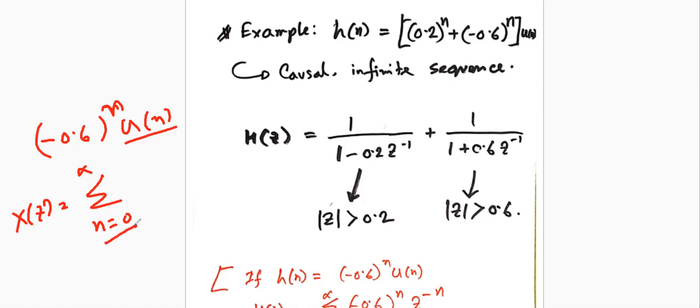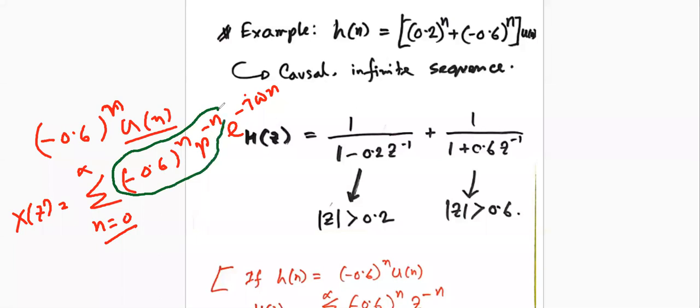So that's why I'm writing 0 to infinity, minus 0.6 whole to the power n z to the power minus n. Z to the power minus n means r to the power minus n and e to the power minus j omega n. So, as in the last class, we are considering that this part should be less than 1 for the summability.